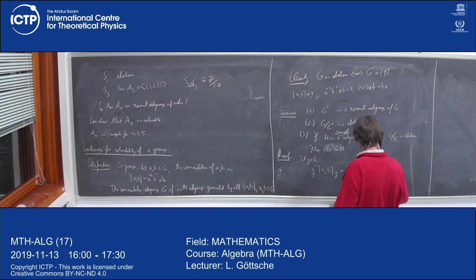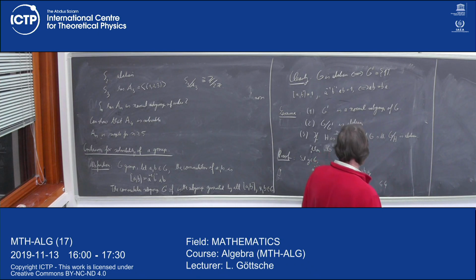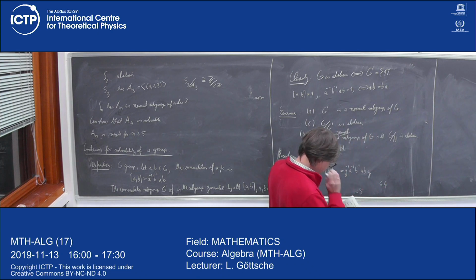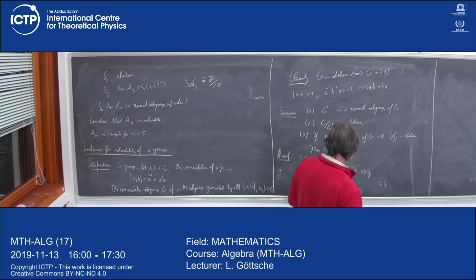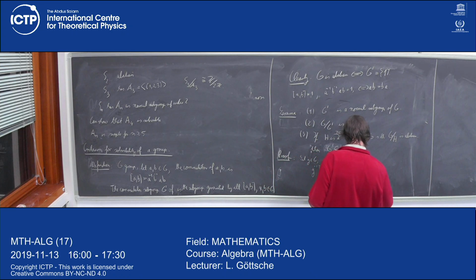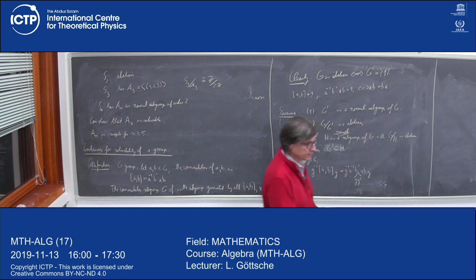But obviously we can somehow just put in here, we can multiply by 1 by putting g times g^-1 in between here.